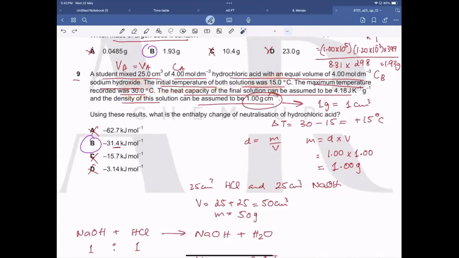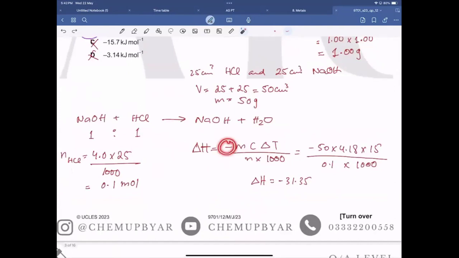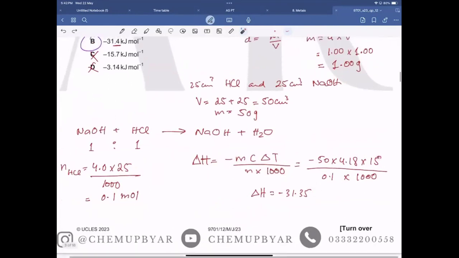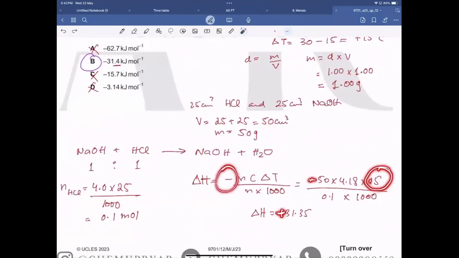But the temperature change is positive, so this negative sign always makes your delta H sign correct. For an endothermic reaction, instead of positive, you always get a negative value for delta T. So this minus and that negative make the value positive. That is the part of the expression.